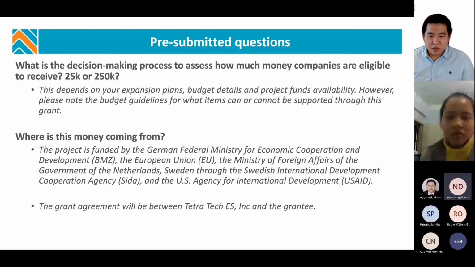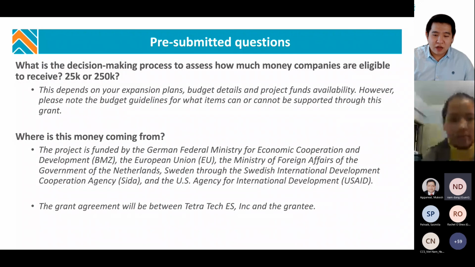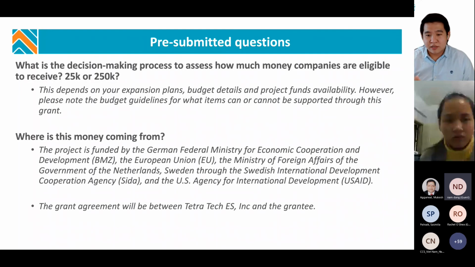Note also that, as Mukesh mentioned, the budget guidelines specify things you cannot spend on. The decision to justify the grant amount is based on your answers in this full proposal and the budget detail you submit. Your ability to scale and create impact are two key elements we look at, while for how you spend it, please refer to the guideline.